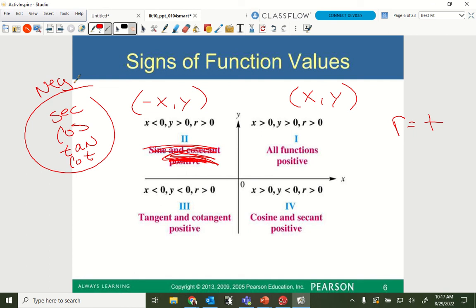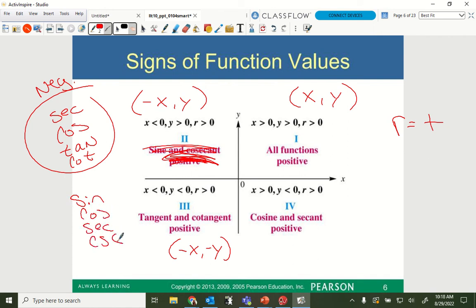Okay, so let's talk about quadrant 3 now. In quadrant 3, it's going to look like this. Negative x, negative y. And the r value is always positive. So what's going to be negative in this case? Sine, cosine, secant, cosecant.